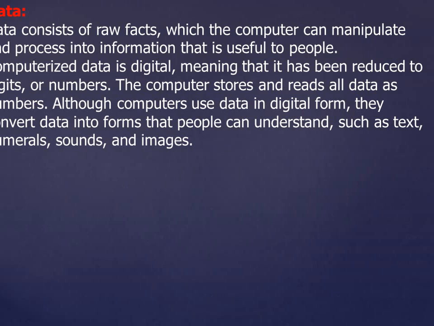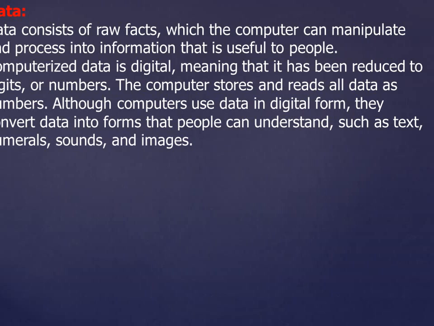When I say data, it means here we are talking about text, voice, and videos. That's what we call data. So data consists of raw facts. When I say raw facts, these are items that are not edited.